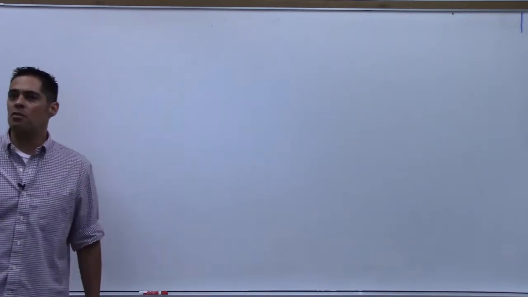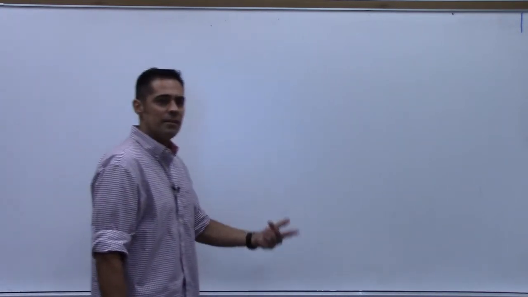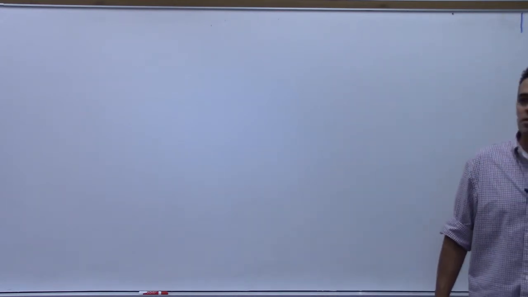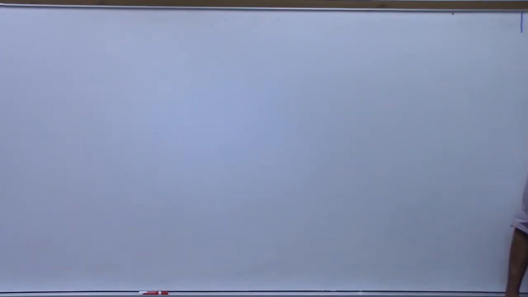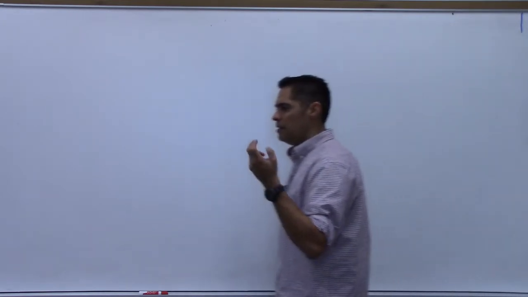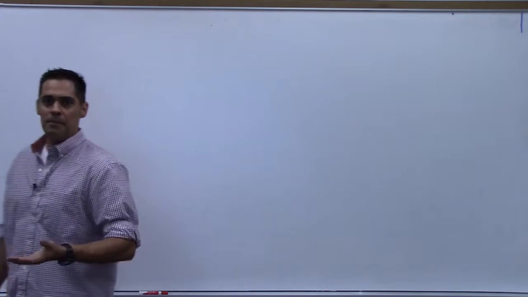Sometimes we run into polynomials which we cannot factor using our standard techniques. Standard techniques are like greatest common factor, AC method, grouping, difference of squares, cubes, things like that, right? We have standard ways of factoring, which I told you from day one, you've got to be able to factor to be in this class, right?